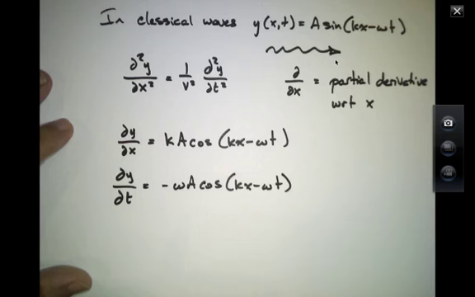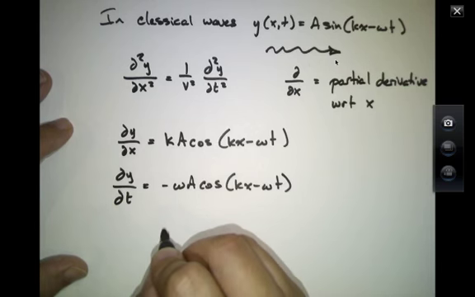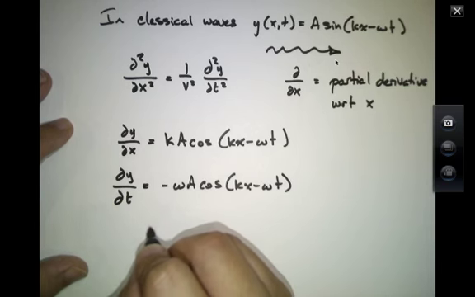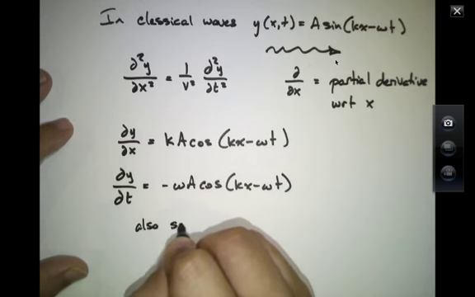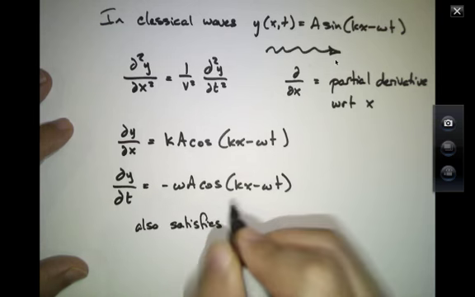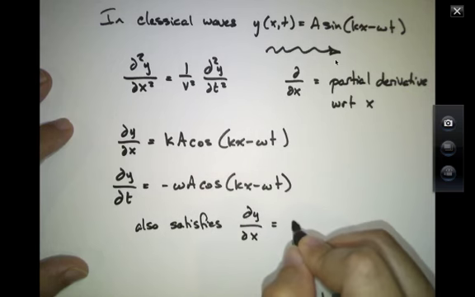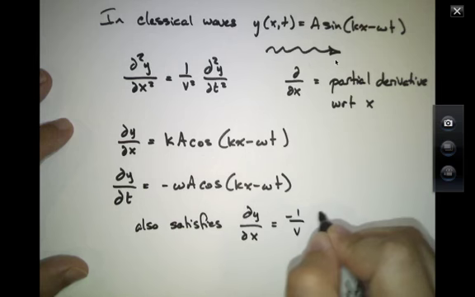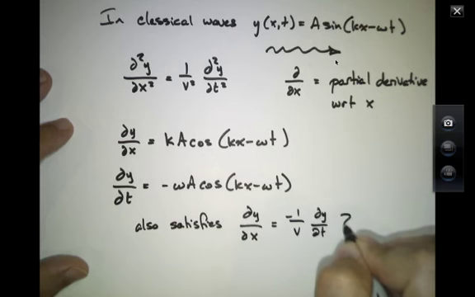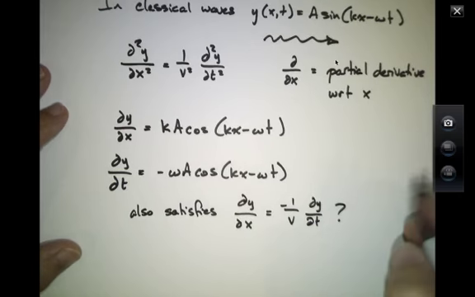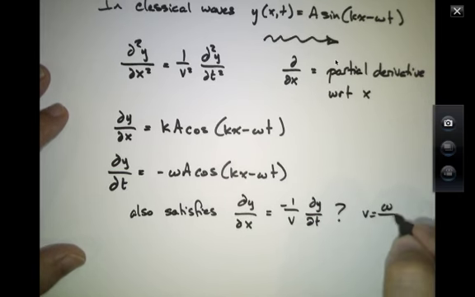Gives me minus omega a cosine(kx minus omega t). So it does seem to be true, for example, that this particular sinusoid also satisfies the wave equation, written like so, as long as v is omega over k.